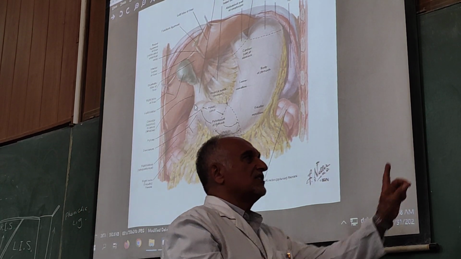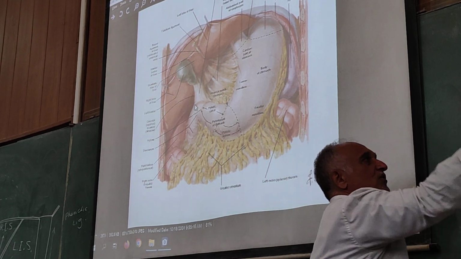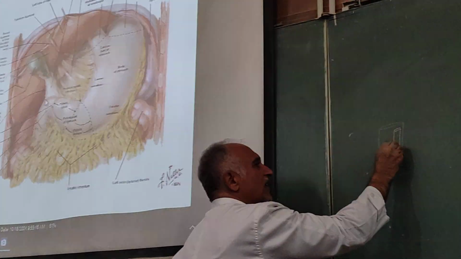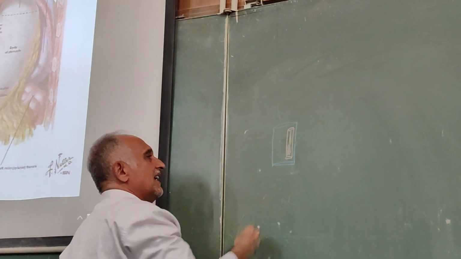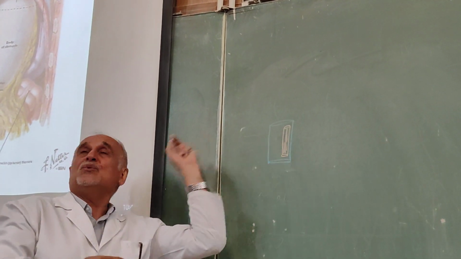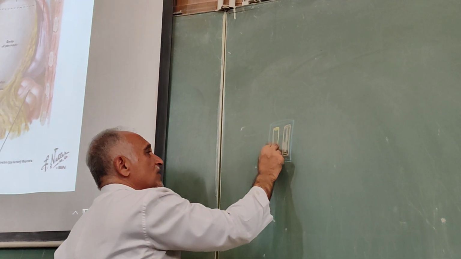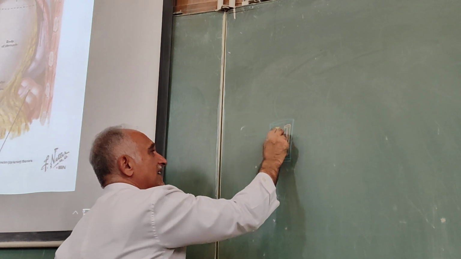Anterior and to the left of this vein, you can find an artery. Anterior and to the right of this, again, you can find a duct.